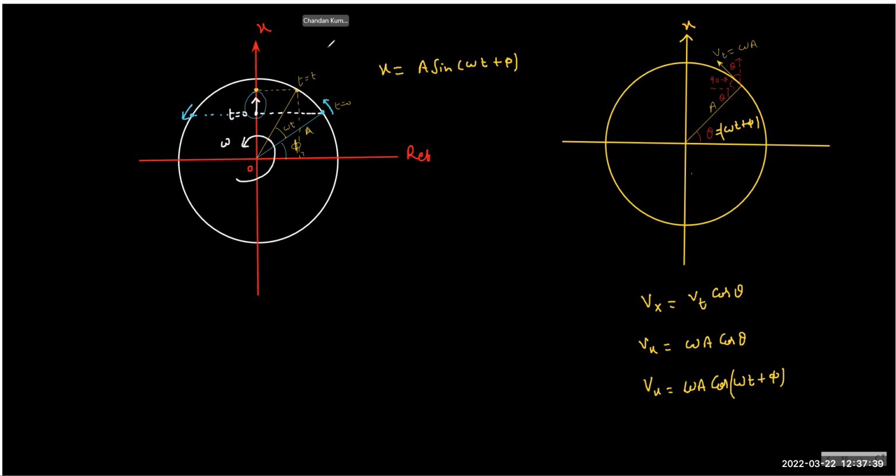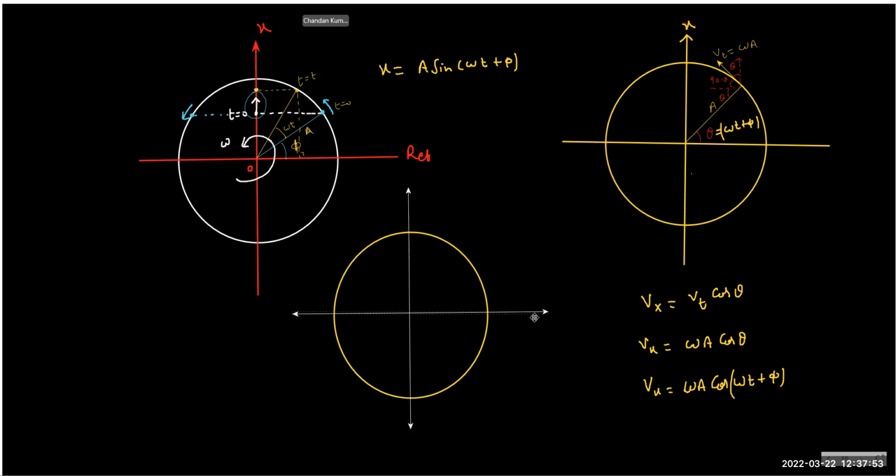And let me derive the acceleration formula from the circle itself. So in fact, you can derive anything you wish to using the circle. So we have to just replace with omega square. You have to just take the component parallel to the x-axis. So let's say you are at angle theta.